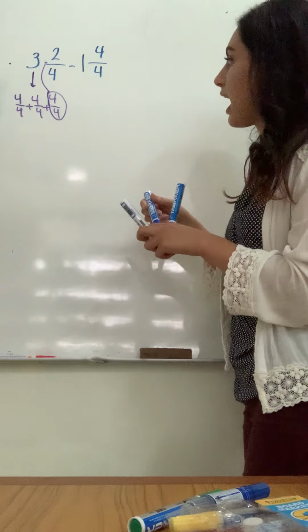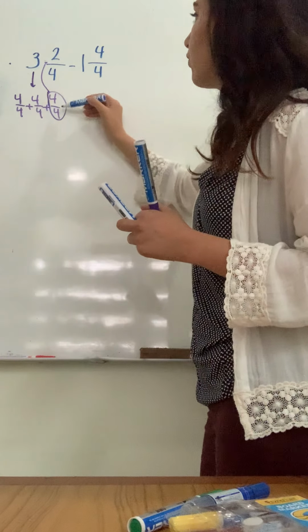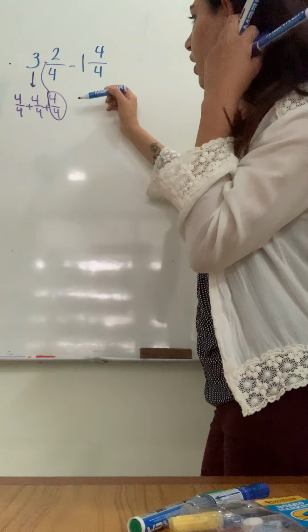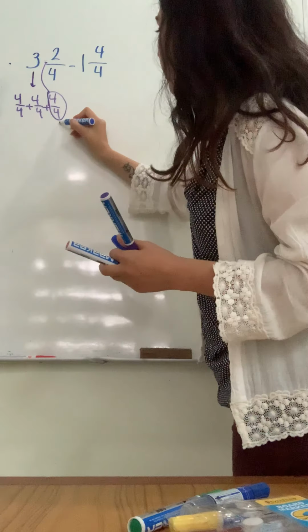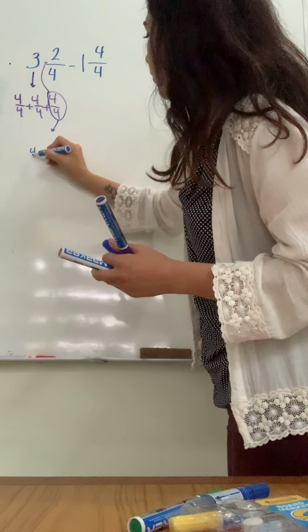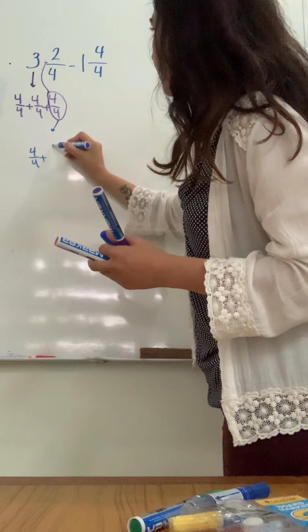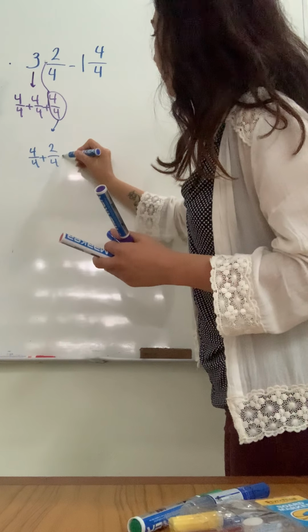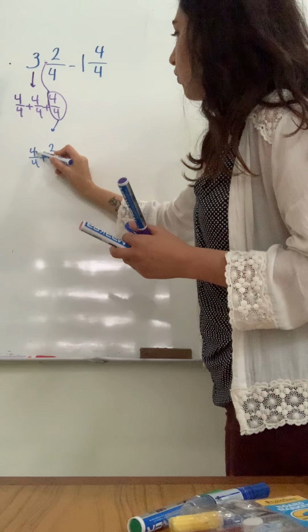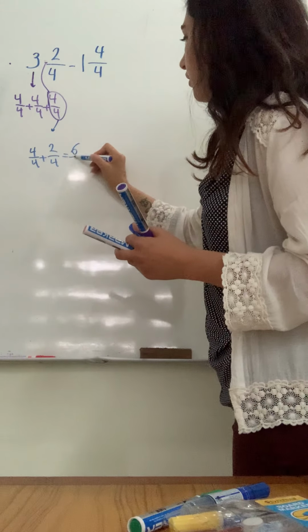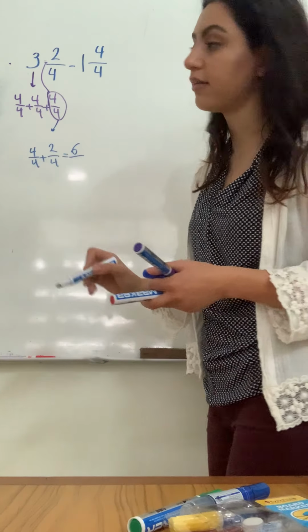So let's add 4/4 plus 2/4. How do we add? 4/4 plus 2/4 equals 4, 5, 6. The denominators obviously are the same.